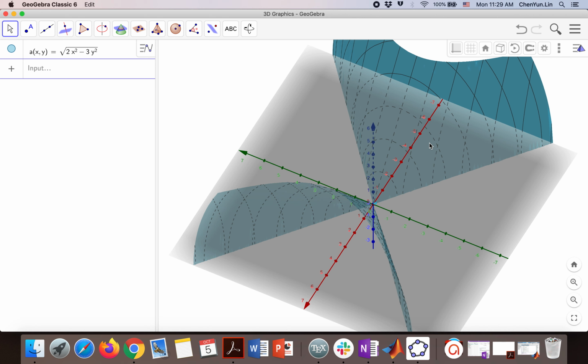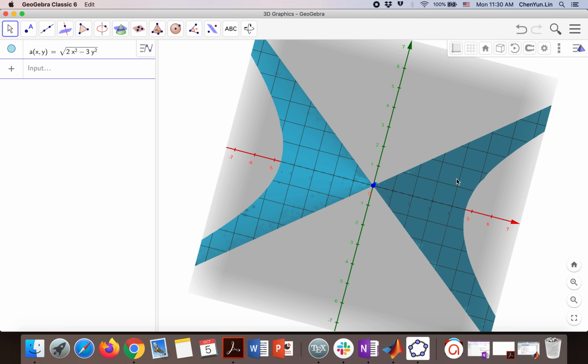It would be in R5, a 5-dimensional space, because you need 4 dimensions to take the input x, y, z, w, the 4 variables. Then you have to have another dimension, the 5th dimension, to print out the output variable, right? Okay, so now you have the idea, and the calculus is going to get interesting.